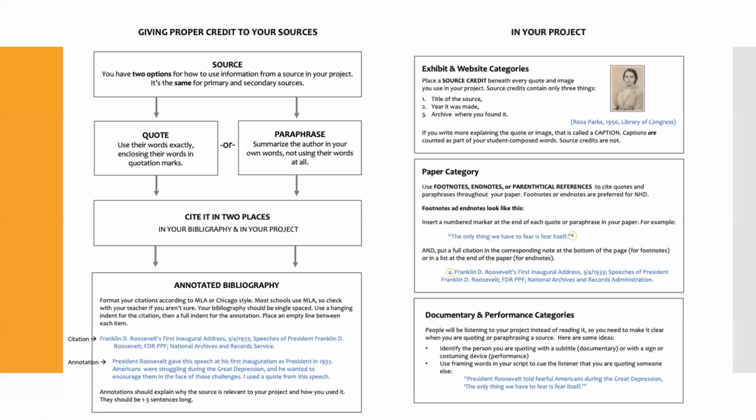And so you can frame up the quote through words in your script. All right, so every single kind of project, they need to cite in the bibliography as well as in the project for quotes and paraphrases.